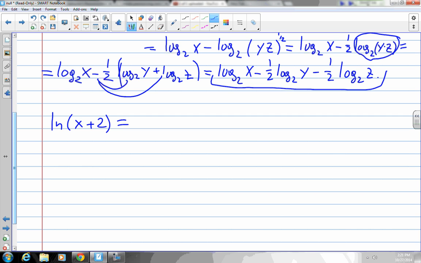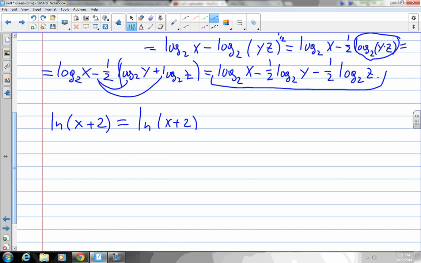We have a rule for a product. Product turns into sum, but natural log of a sum, nothing I can do. It's just natural log of a sum. I cannot split that up. So kind of a trick question, hence that little warning. So don't break it up into natural log of x plus natural log of 2 or whatever.